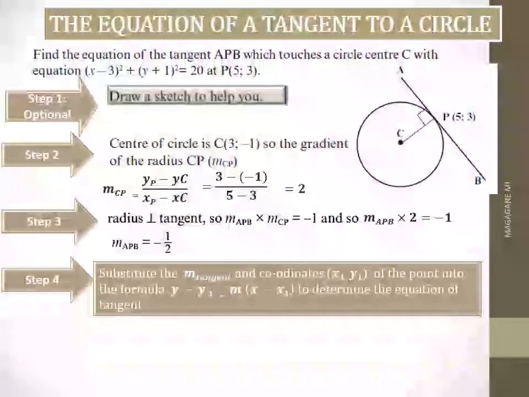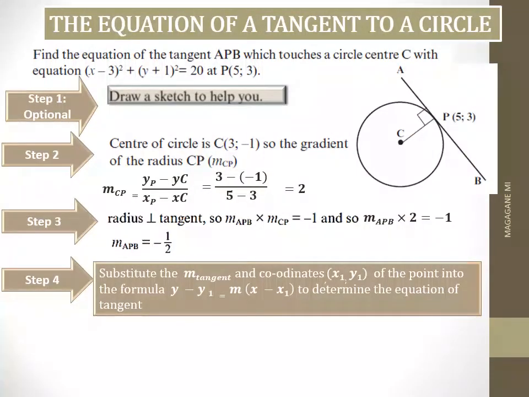Now we go to step number 4. Substitute the gradient of the tangent and coordinates x1 and y1 of the point into the formula y minus y1 equals m times x minus x1 to determine the equation of the tangent. Right, very, very important when you substitute here. Which point are we going to substitute? Are we going to substitute the center, or the point of contact?